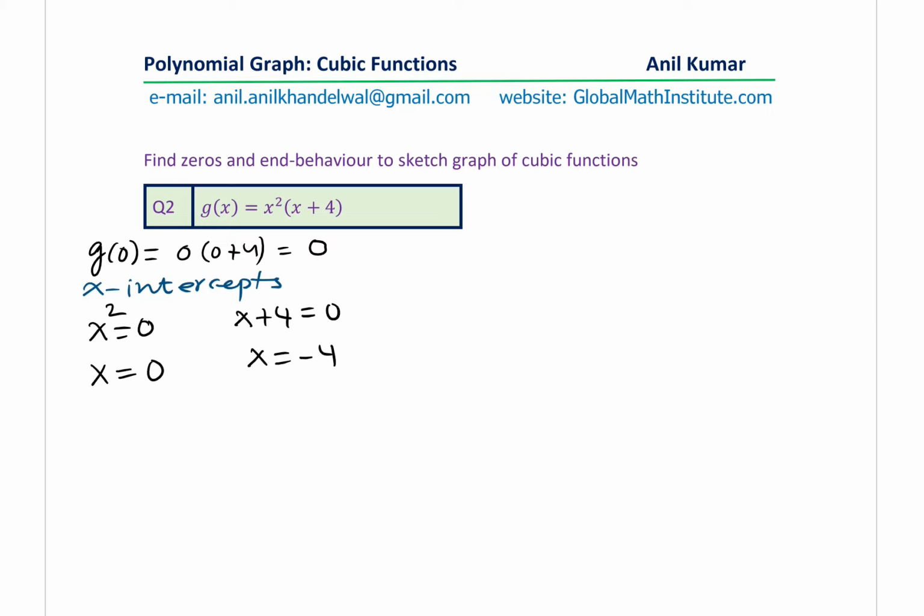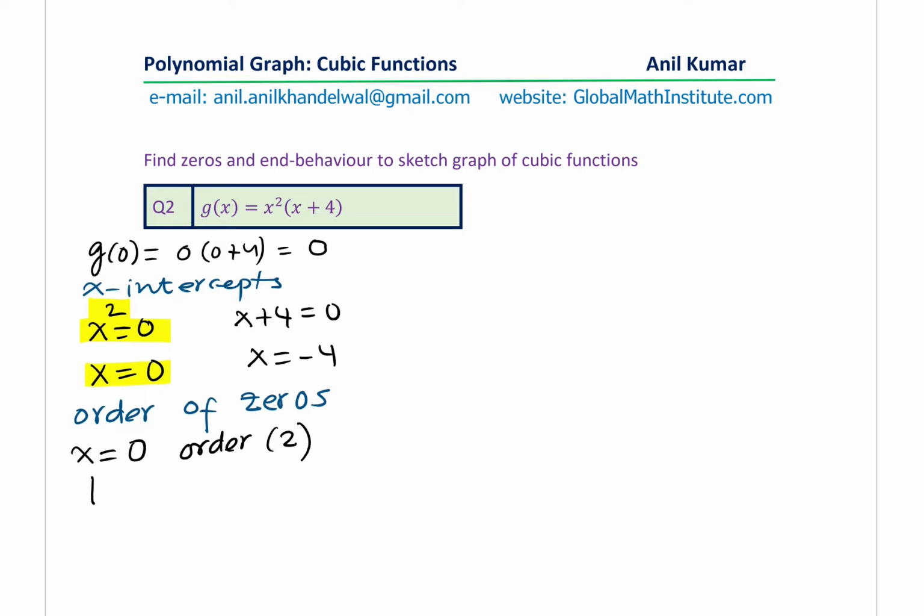Now, let's figure out the order of zeros. At x equals 0, it is x squared. Do you see this part? X squared. And therefore, the order in this particular case is 2. So, at x equals 0, we have order 2.